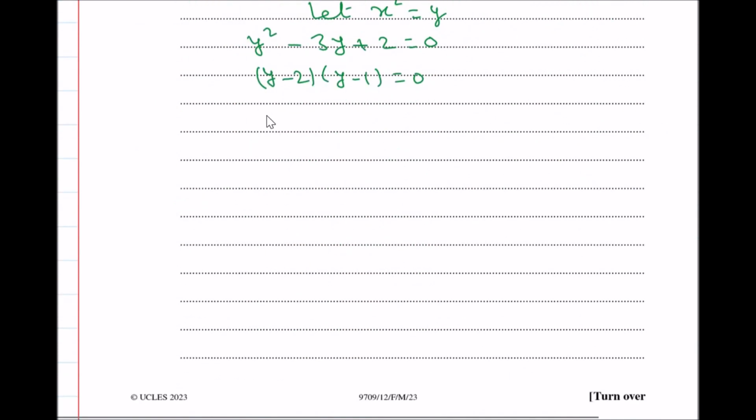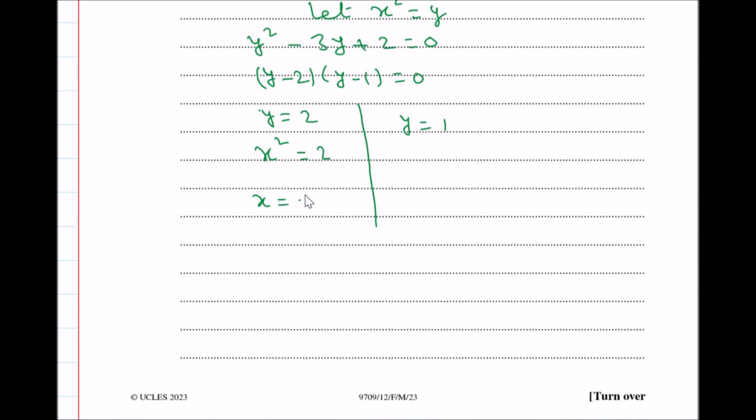Next, this gives us y equal to 2 or y equal to 1. So y equal to 2, what does it mean? Y you have taken x square, so x square equal to 2. So x equal to plus minus root 2. Here y equal x square equal to 1. So x equal to plus minus 1.